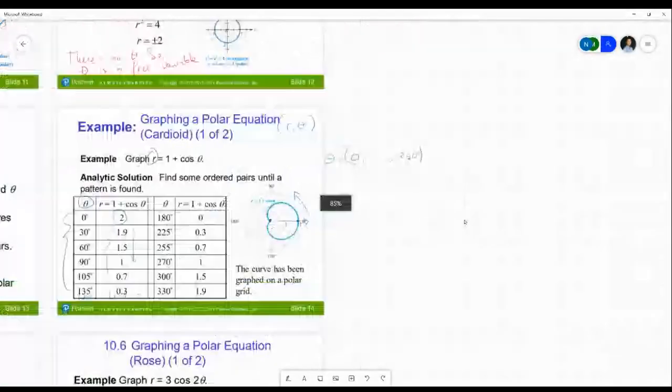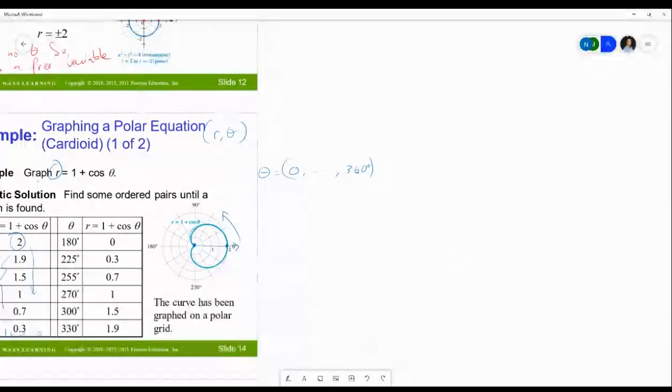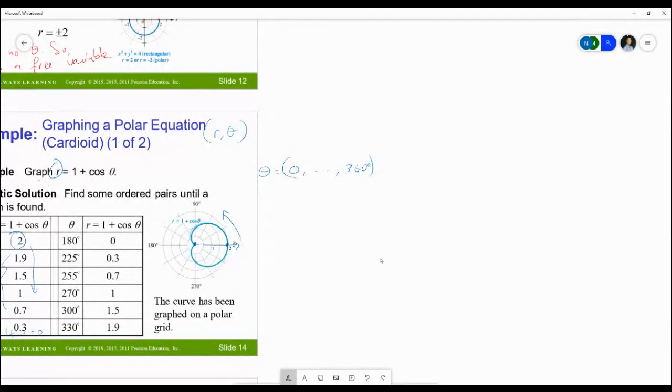The form that I want you to consider is this: A plus B cosine theta. If A is equal to B, what do we have?